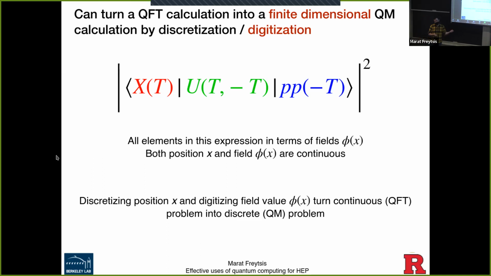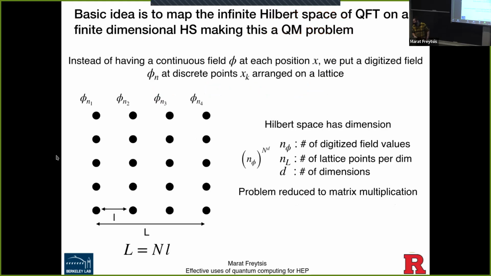And so you need some way of digitizing that to have some approximation for it in a finite dimensional Hilbert space. So we need to both discretize the position of our quantum field theory description and digitize the fields in such a way that all of this fits in some discrete quantum mechanical problem.